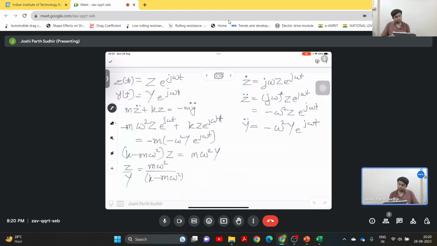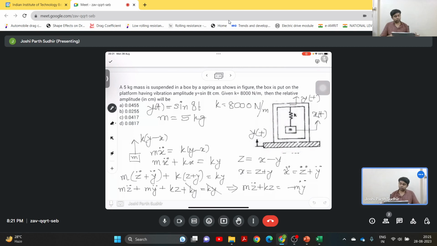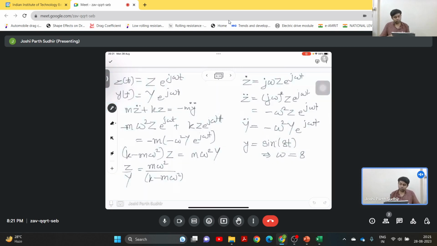So it has been given that y is a sinusoidal displacement of sine of 8t, which gives us the information that omega is equal to 8. And k has been given as 8000 and mass is 5 kg.